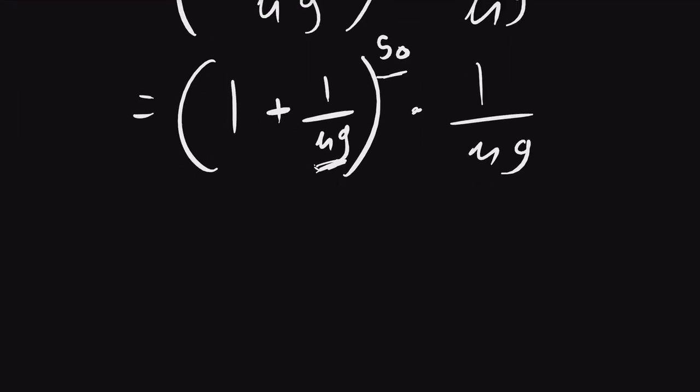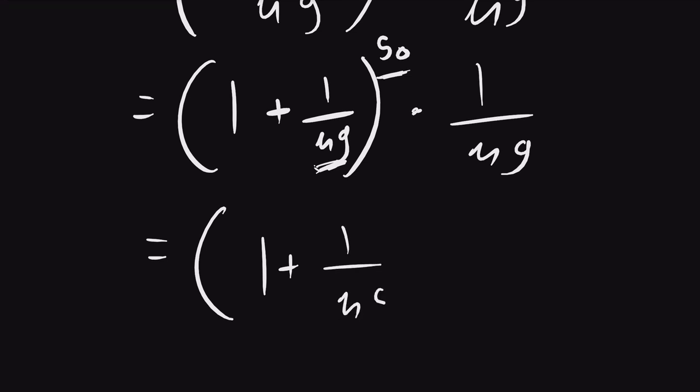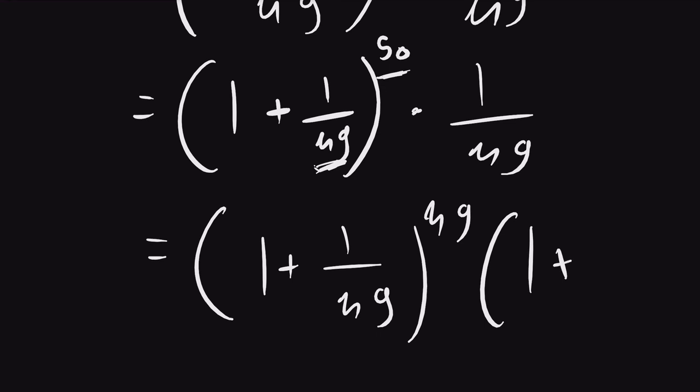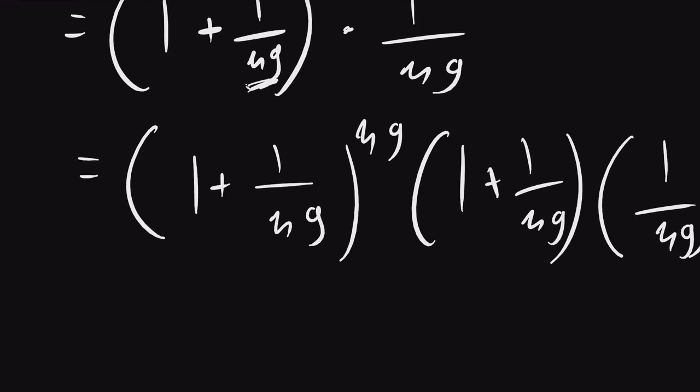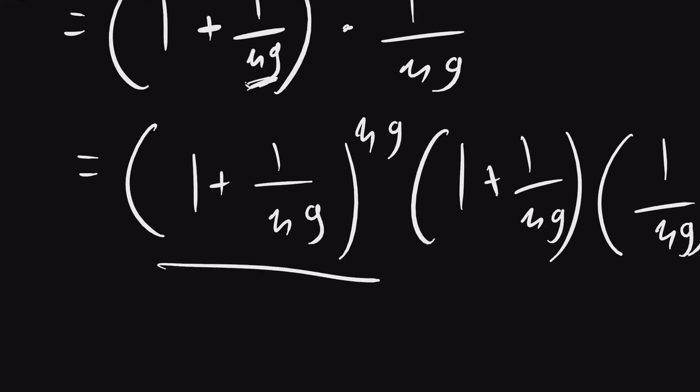So if I want to do this, I'm going to make the power here 49. So we have 1 plus 1 over 49 to the power 49 times 1 plus 1 over 49 times 1 over 49. Now, how do we figure this out?